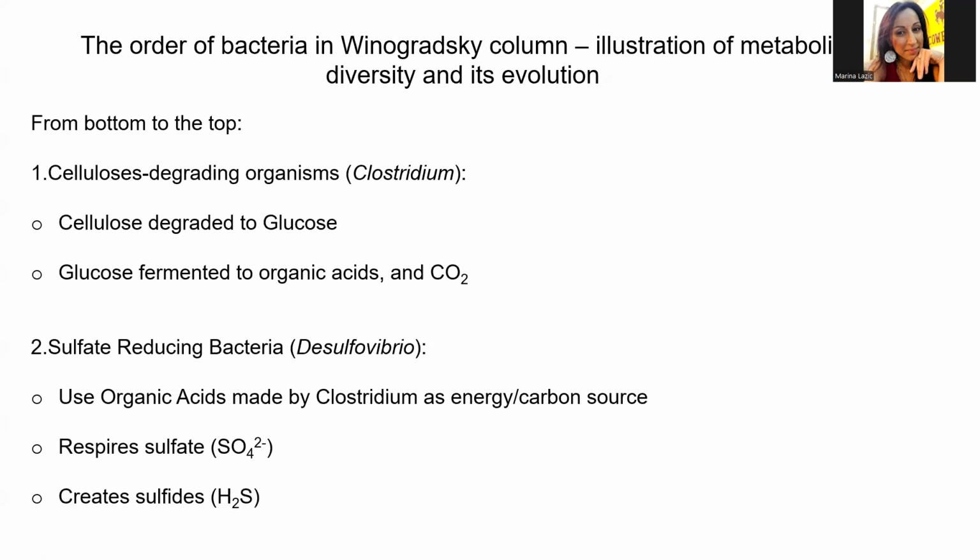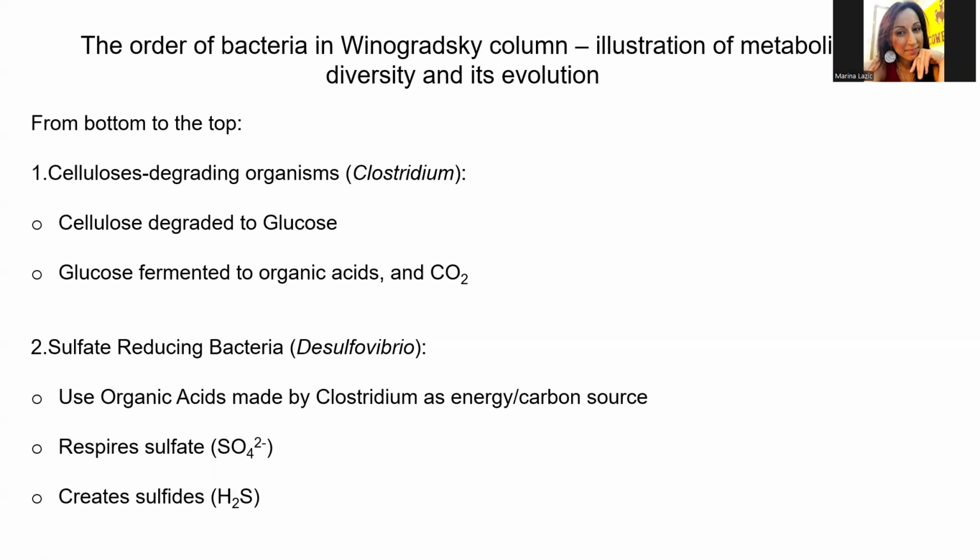So on the bottom will be cellulose degrading organisms like Clostridium. So there will be fermentation happening because glucose will be fermented to organic acids and alcohols. Next one, from the bottom to top. So I think this is where Clostridium will be. Cellulose originates from the newspaper that you will put in the column.